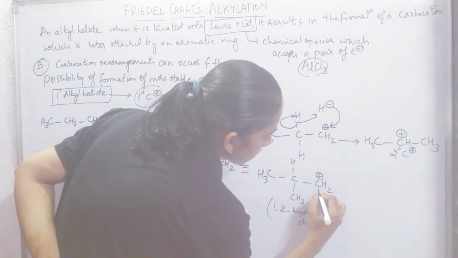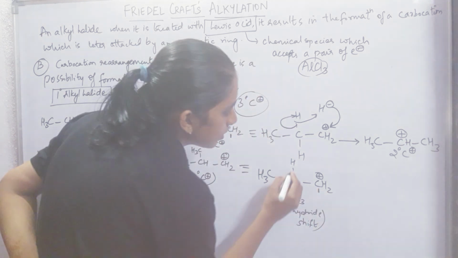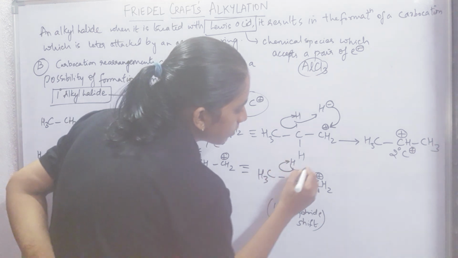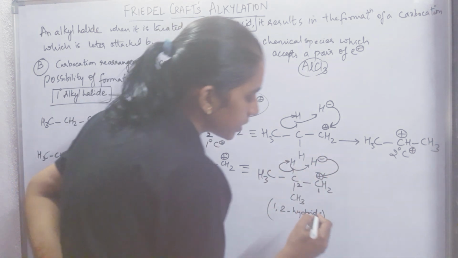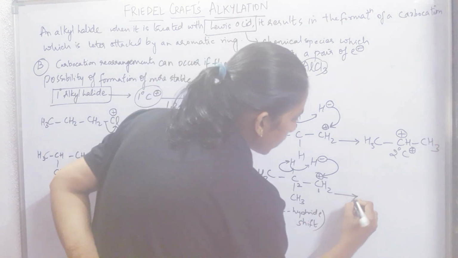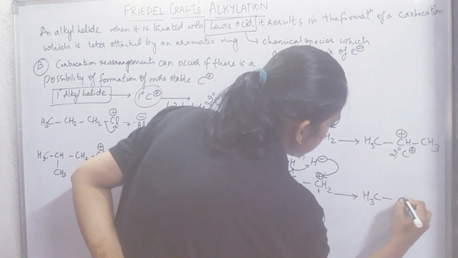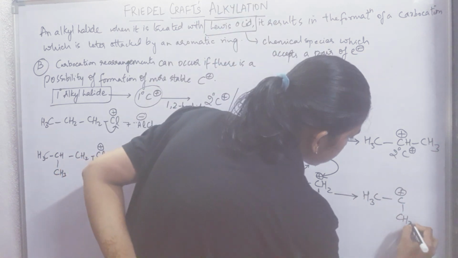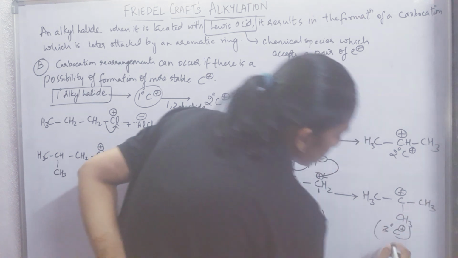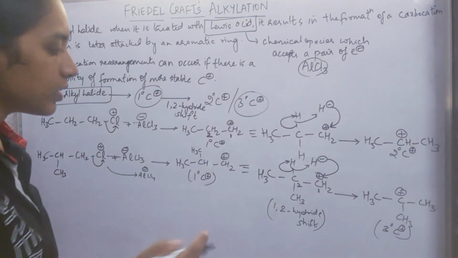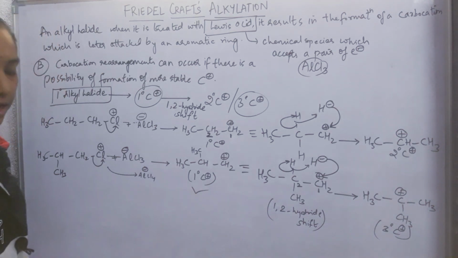This is the first carbon, this is the second carbon. Hydrogen will take the bond from carbon and leave as a hydride ion. This hydride ion will attack the positively charged carbon center and give us the tertiary carbocation. This tertiary carbocation is more stable than the primary carbocation.